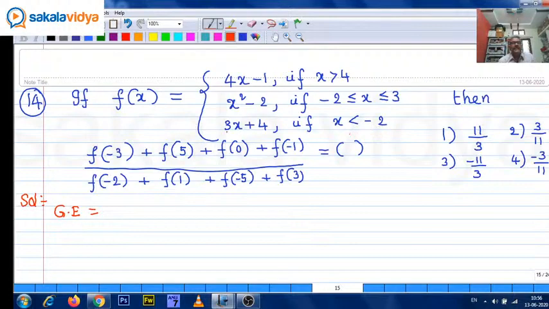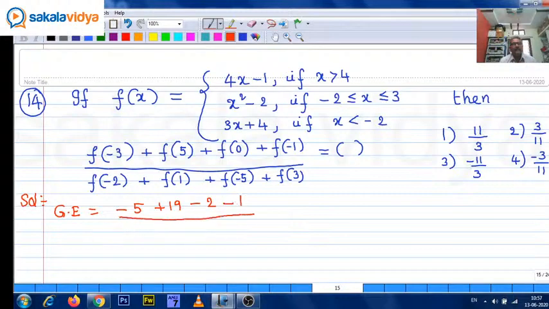So minus 3 into minus 3 is 9, minus 9, minus 9 plus 4 is minus 5. f of 5: 5 means x greater than 4, 20 minus 1 is 19. f of 0: 0 lies in this interval, so 0 minus 2 is minus 2. And f of minus 1 lies in between this interval only, so 1 minus 2 is minus 1.